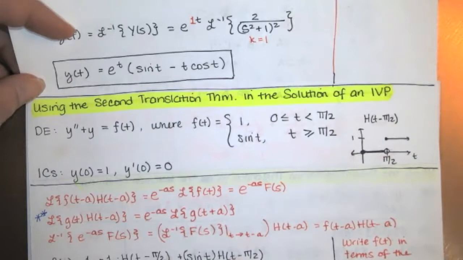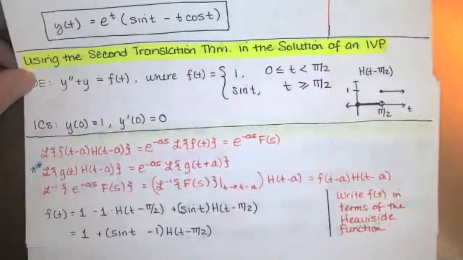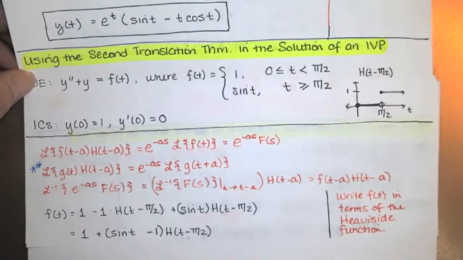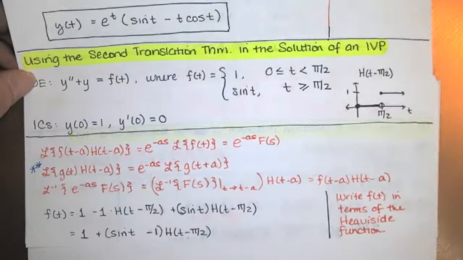Again, the way we solve initial value problems with the Laplace transform is pretty simple. We introduce our notation, take the Laplace transform of the differential equation, solve for the Laplace transform of our solution, and take the inverse transform to get little y of t back. In practice, there's a little bit more to it. If you've got a piecewise function, you've got to write that in terms of the Heaviside function first.